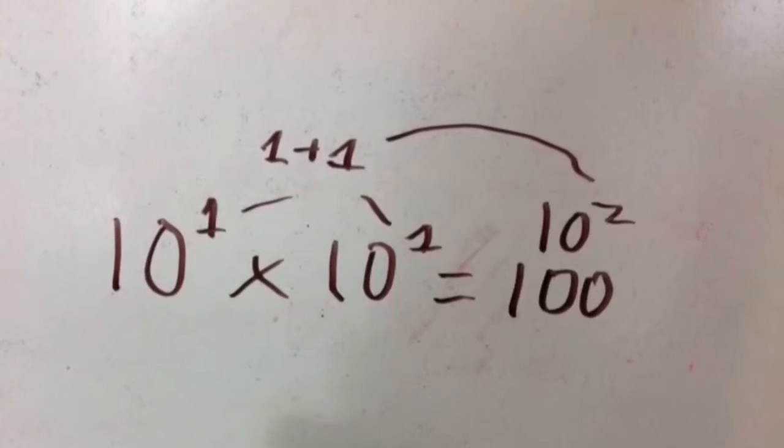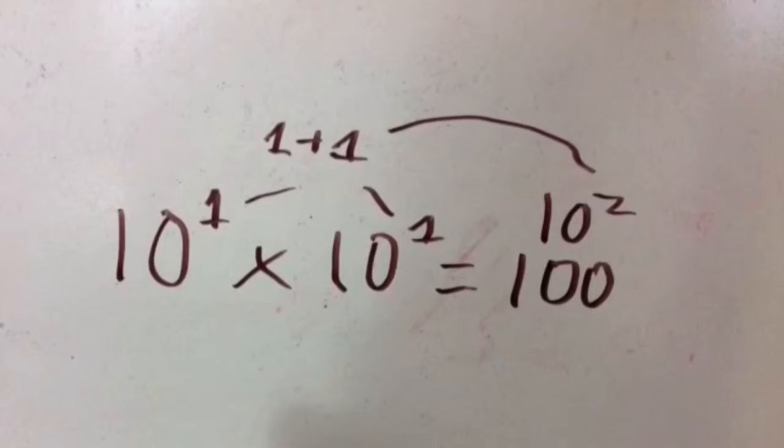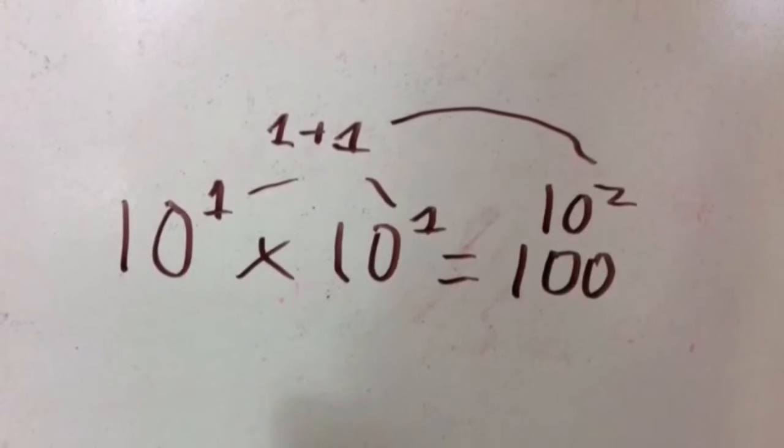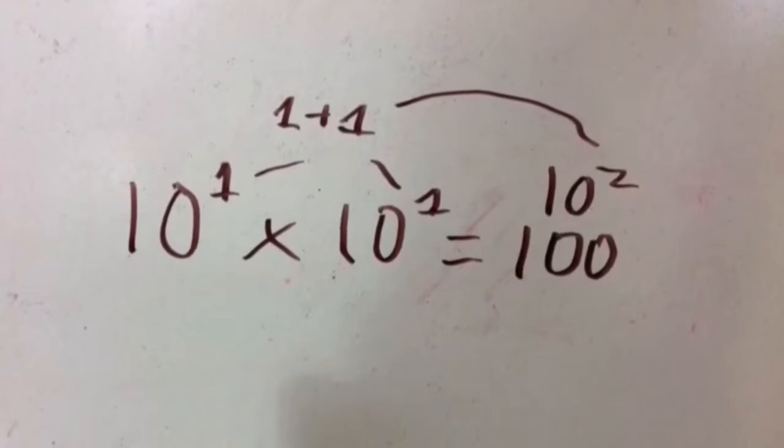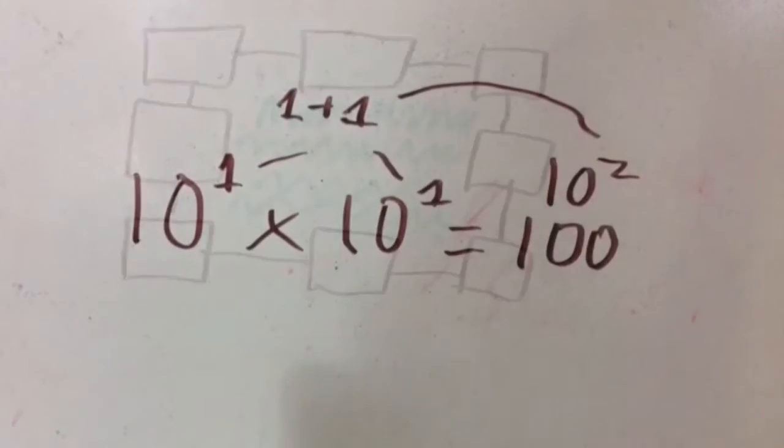There are a few properties of exponents the audience needs to know about. The first one is that if you multiply a value with exponents by another, you just have to add the two exponential values.